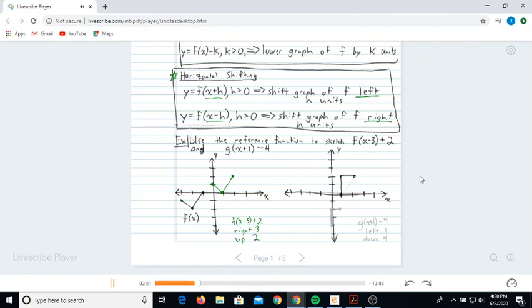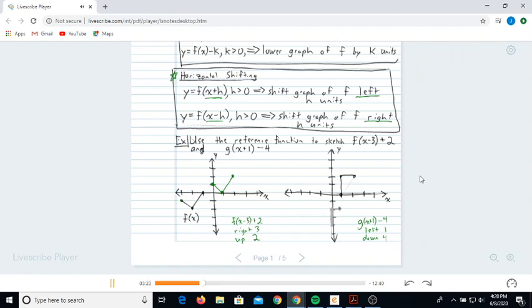Now, if we look at g of x, we want to graph g of x plus 1 minus 4. That's actually going to be left 1, down 4. I'll start with the rightmost point. We're going to go left 1, down 4. 1, 2, 3, 4.